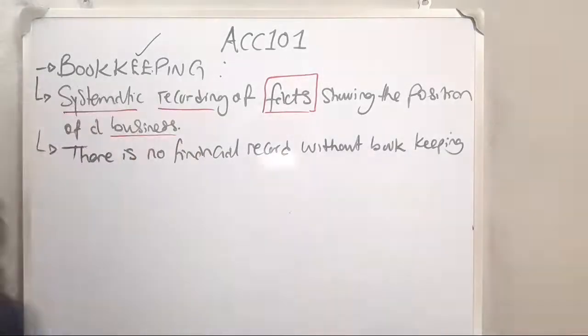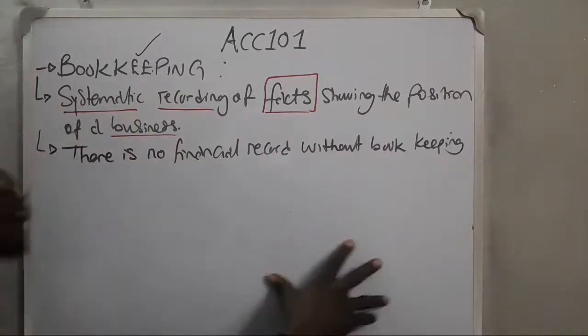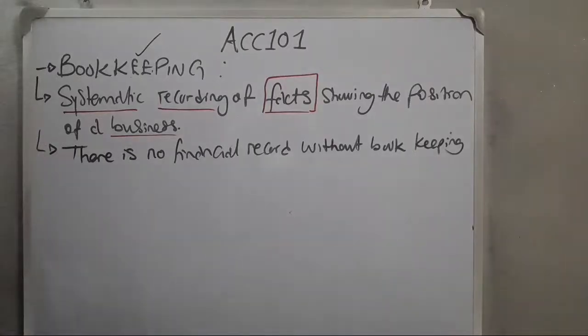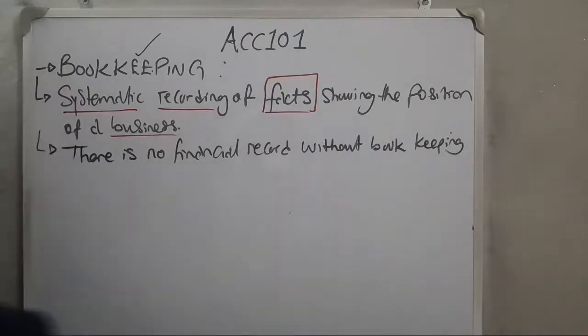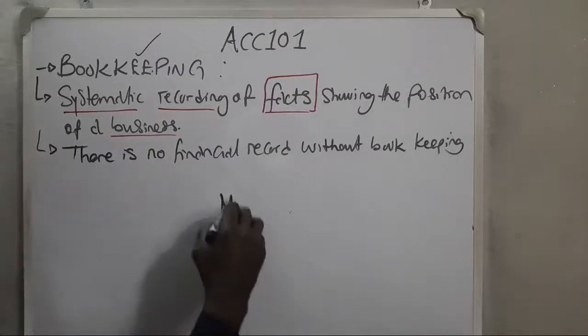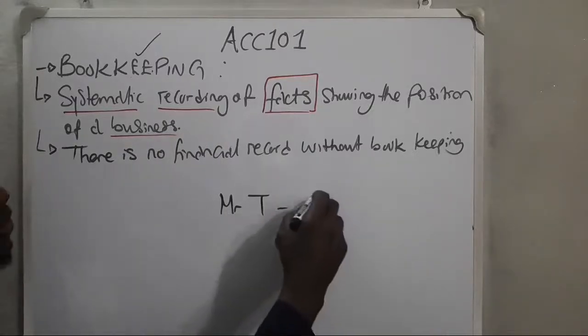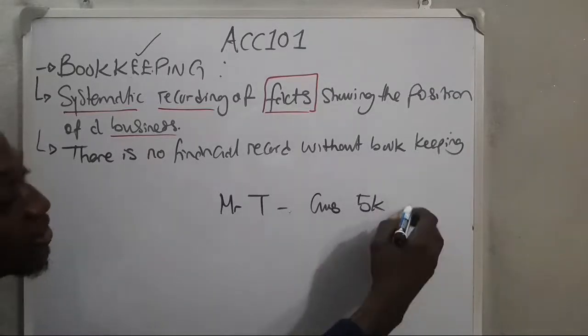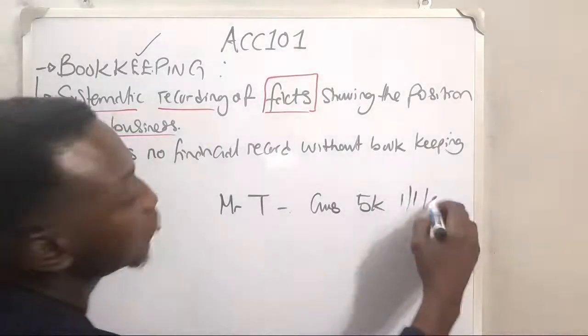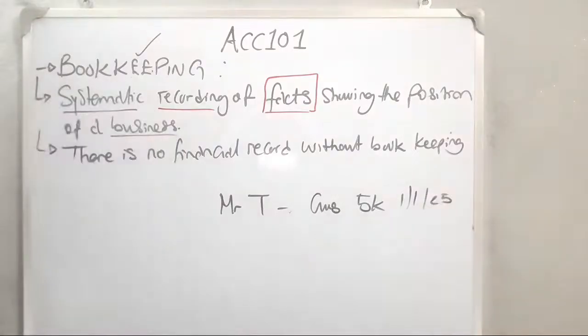The moment somebody owes you money, let's talk about a sole proprietor, maybe one of your customers asks, can I get this on credit? Then you have a book: Mr. T owes 5k, date 1/1/2025.